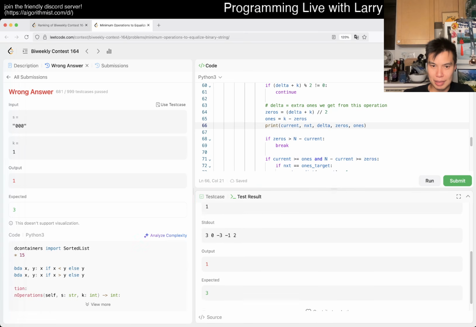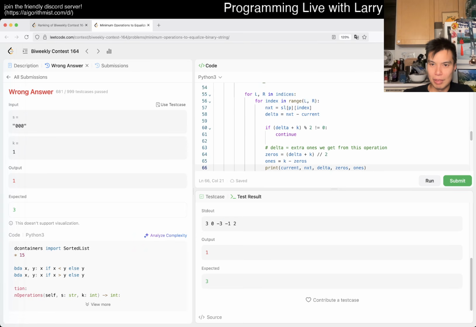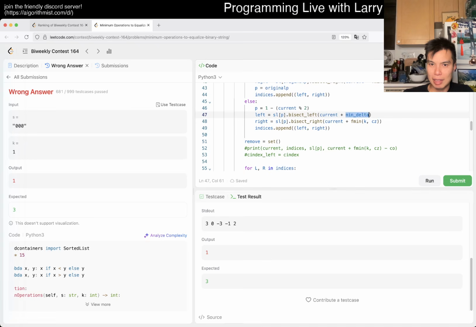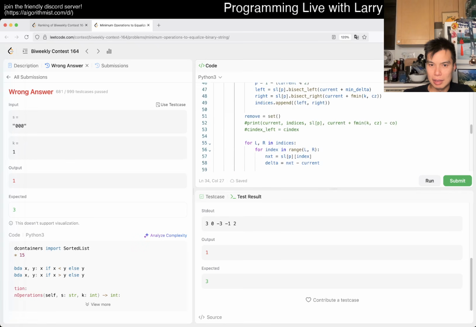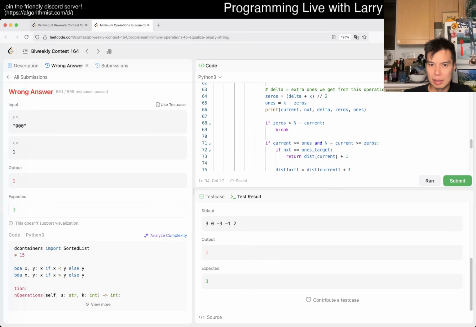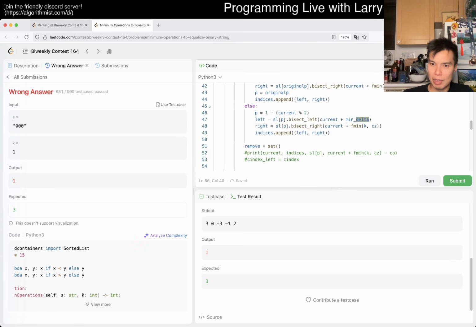Okay, so you have 3. Next is 0 with a delta 3. Okay, that's. Wait, what? Oh, do we not bound this by k? No, that's in k. So why is this weird? Current x delta. Why is delta bigger than k?